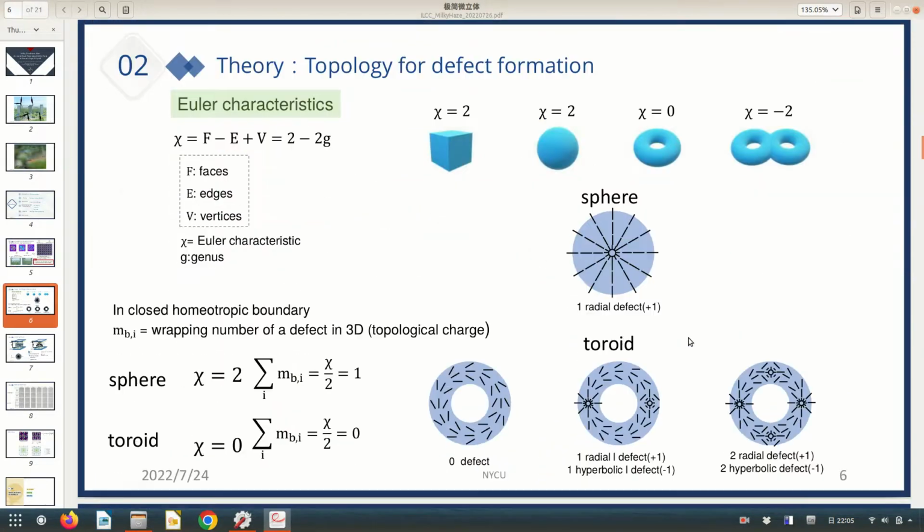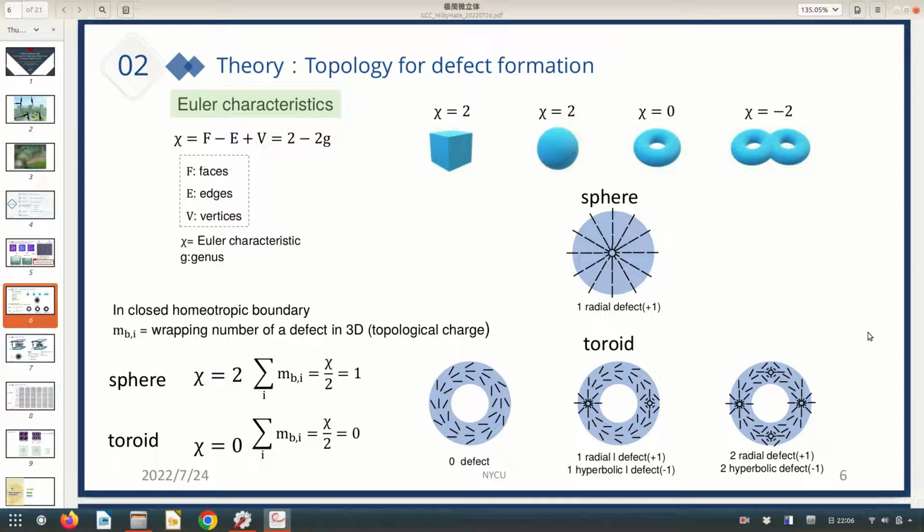This is the generation of topological defect, and the formation of defect follows topological rules. The number and types of defects depend on the Euler number of the closed boundary. In a homeotropic sphere with Euler number of 2, there is a 1 plus 1 defect at the center.